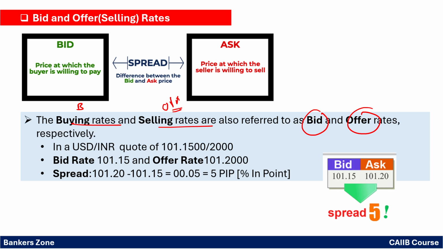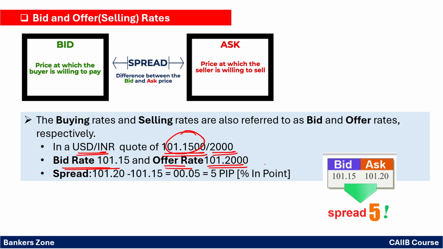Very simple, one line. Now see, through an example, USD INR is quoted as 101.15 and 101.20. What is the bid rate? Bid rate is the lowest rate, which you try to buy at. That is 101.15. What is the offer rate? That should be 101.20. Right? Very simple. The difference between the two is what? The spread.